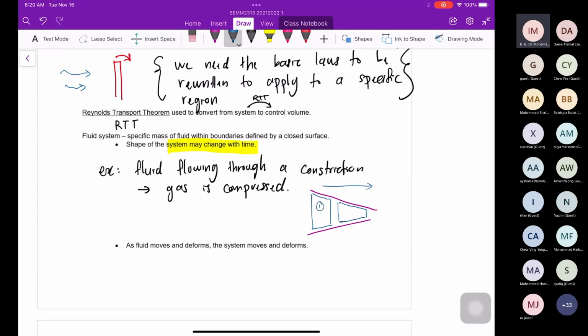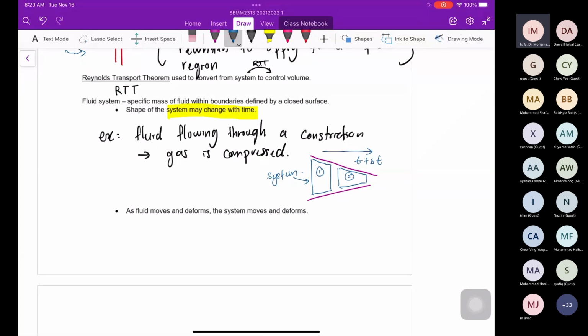This is the first, and then it will go to the second one due to the time plus delta T. Okay, this is what we call the fluid system. The fluid moves, the system moves. As the fluid moves and deforms, the system moves and deforms as well. It follows the fluid.